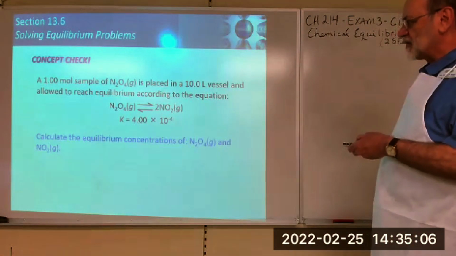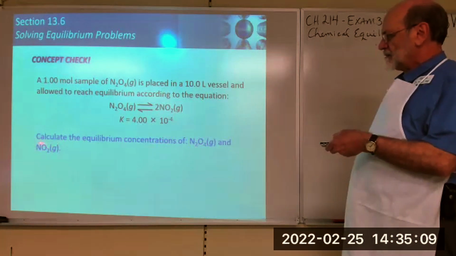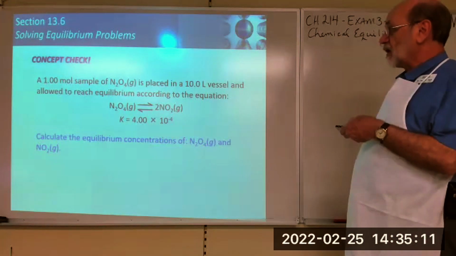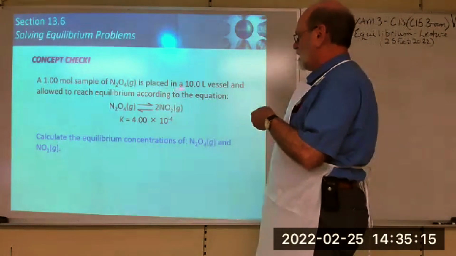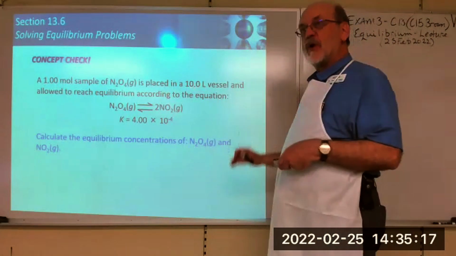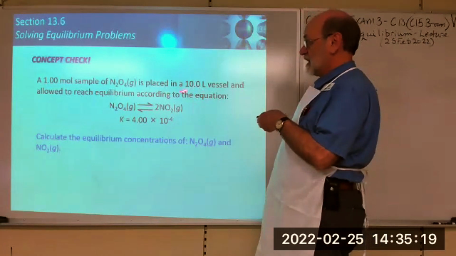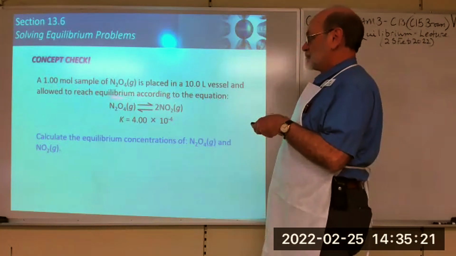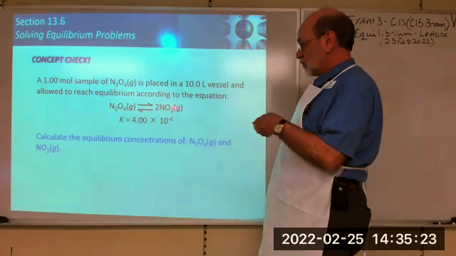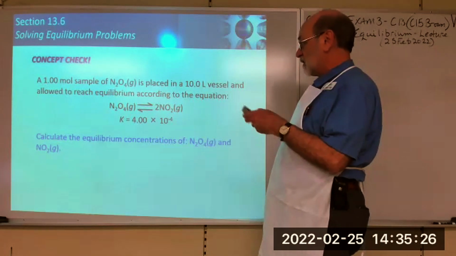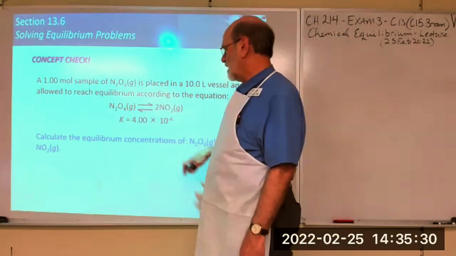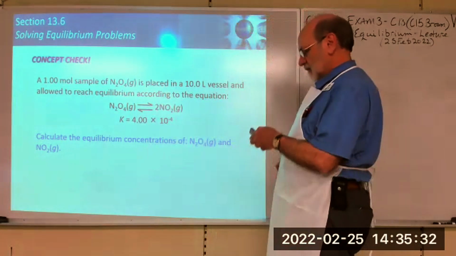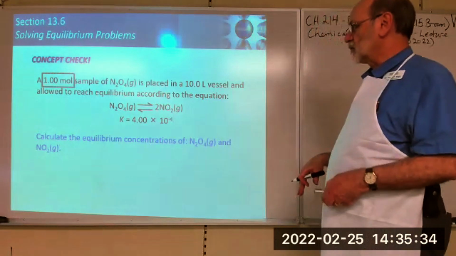Calculate the equilibrium concentrations of these 2. Right. So if we start off with a 1 mole sample of N2O4 in a 10 liter vessel, that's 1/10 molar, because it's 1 divided by 10. And then you know the reaction's going to the right because you put this in there, but nothing else. So you've got your balanced equation, do your ice table and your unknowns.